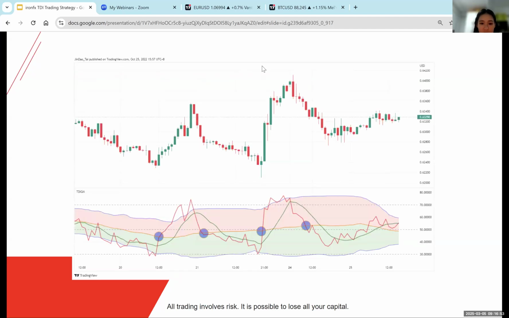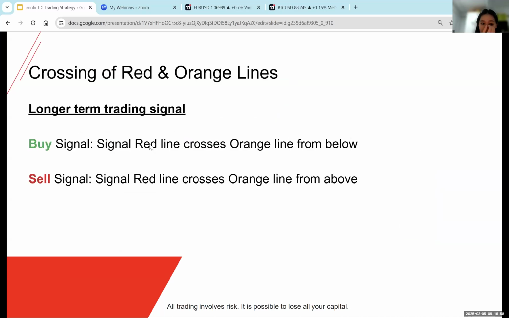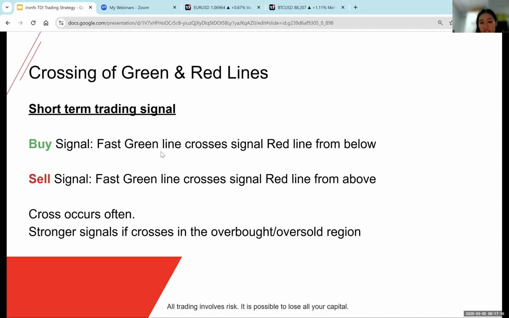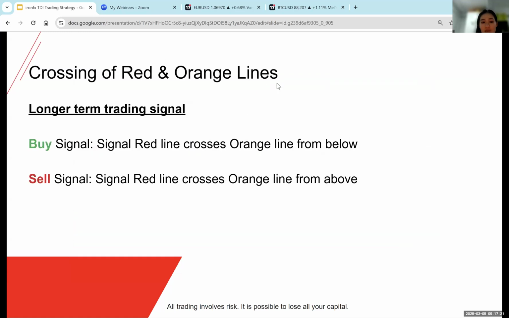But depending on your strategy, if you look at my slide here, if you're looking at a longer term trading signal, then you should be looking at the red and orange lines. If you're looking at the shorter time frames, then you would be looking at the fast green line and the red line. So this is more for shorter term, and this works for longer term. Really, it works across multiple time frames. It just depends on what you're looking for.